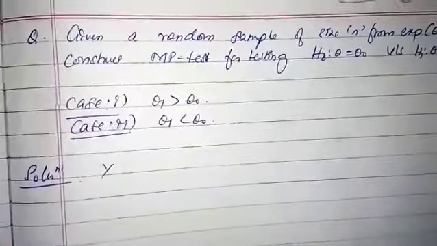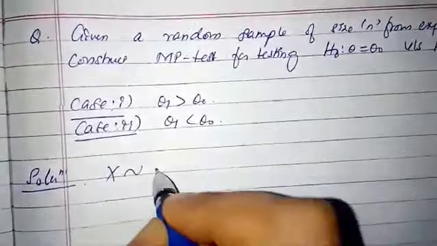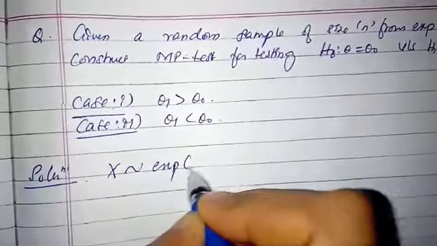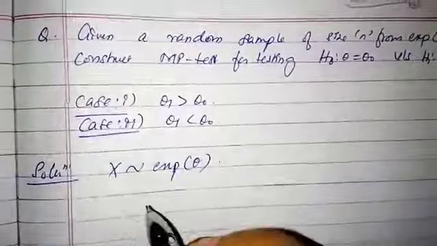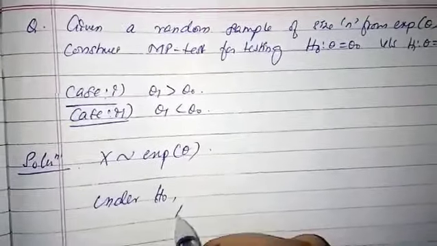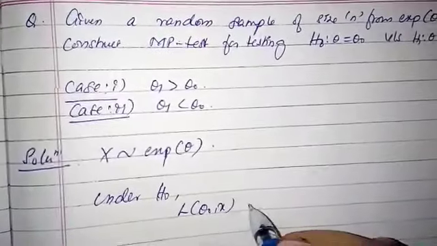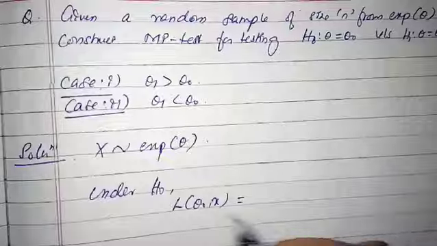So here we know that x follows exponential with parameter theta, right? Then under H0 the likelihood function, what is that likelihood function?